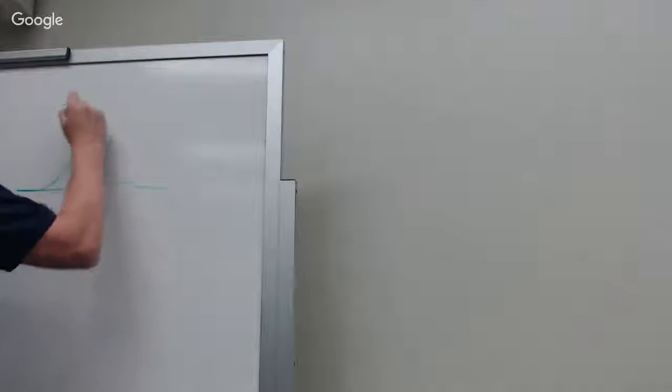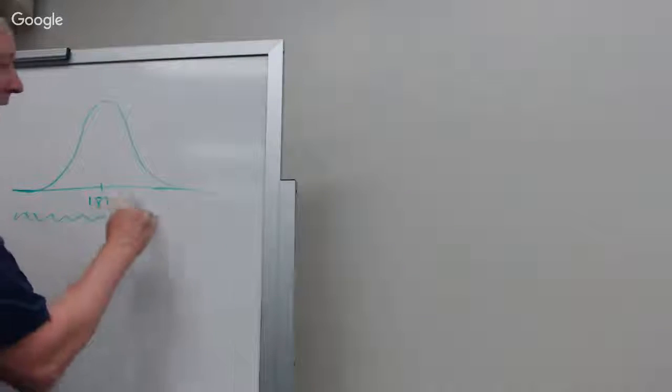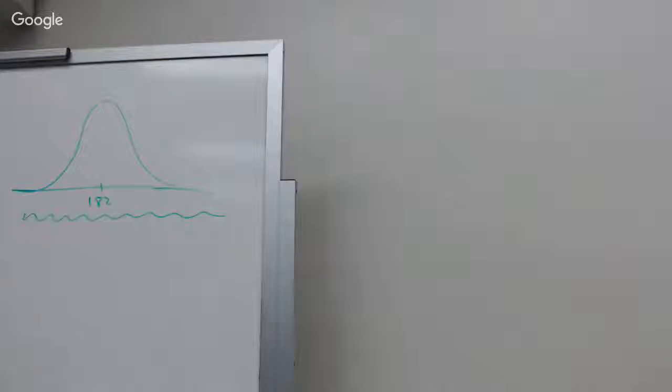What kind of a distribution am I using? It's a normal. A normal distribution, right? What's the mean of my normal distribution? 182. Okay. Now, I've got a sample, so I've converted my 182 to a new scale. What have I converted it to?